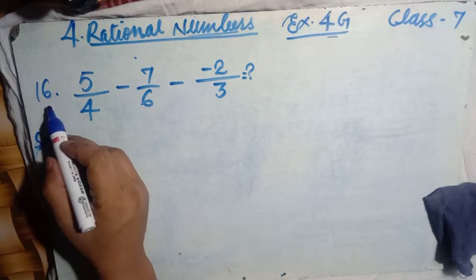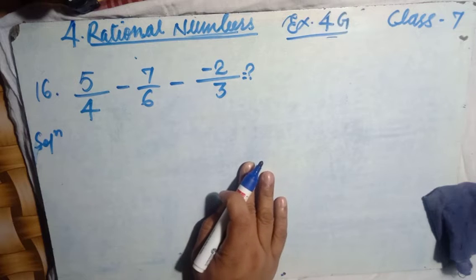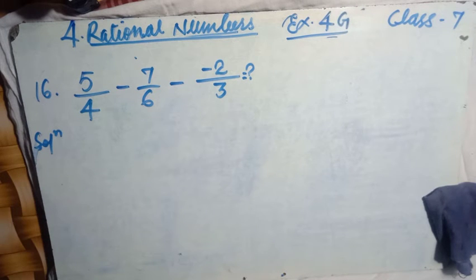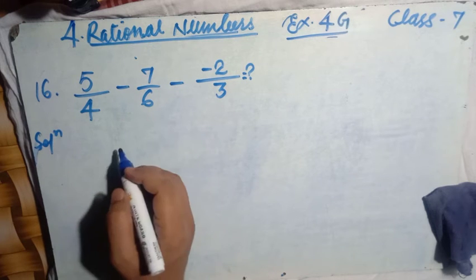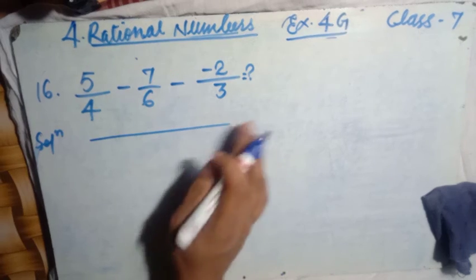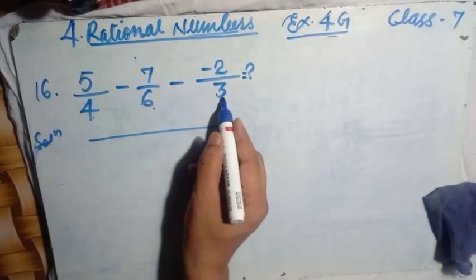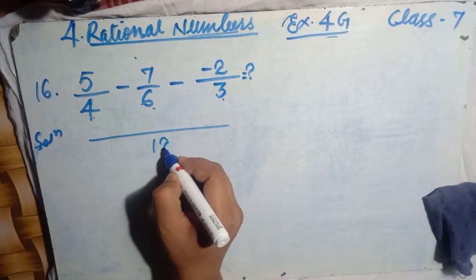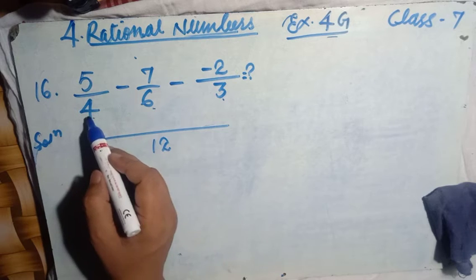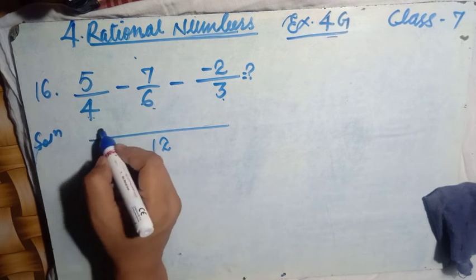Now see question number 16. First of all solve this question, then match, because it has 4 options. Take the LCM of 4, 6 and 3. So the LCM is 12. Now divide this LCM by 4: 4 threes are 12, 3 multiplied by 5 is 15.